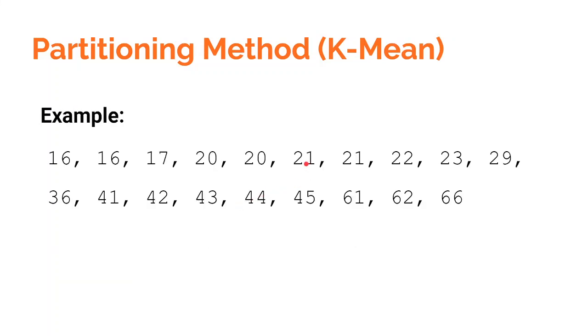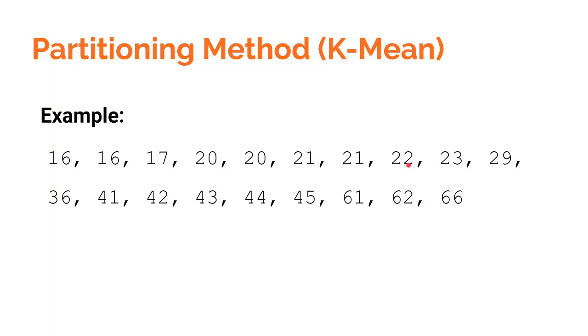Later on, again, if we calculate the difference of 21 and 16, you will get 5 as the difference, and if you calculate the difference of 22 and 21, you will get only one difference.